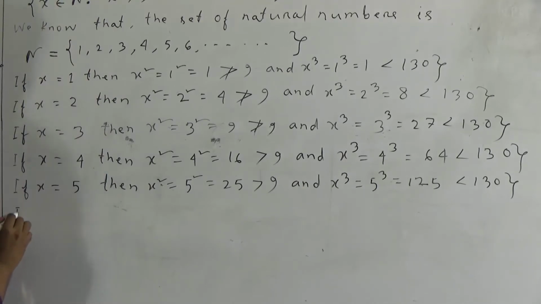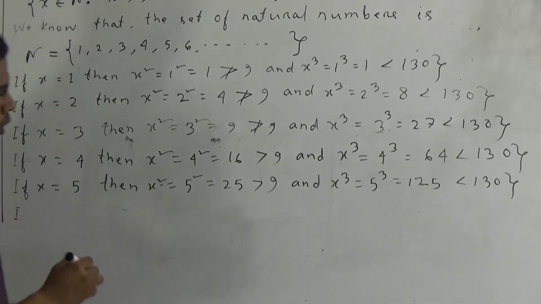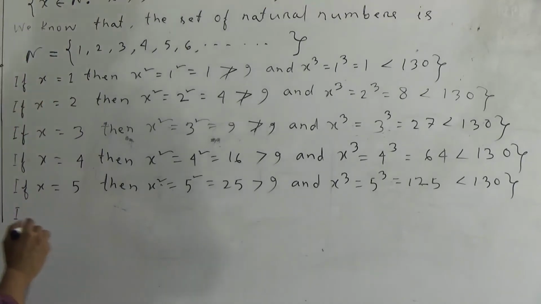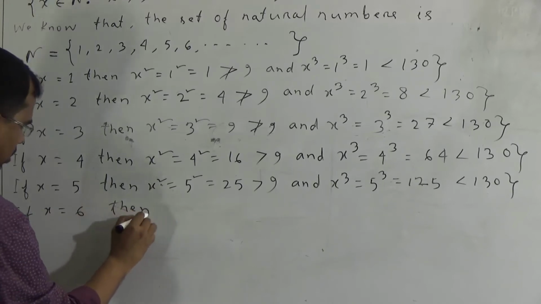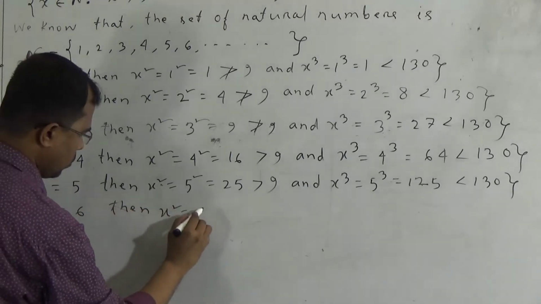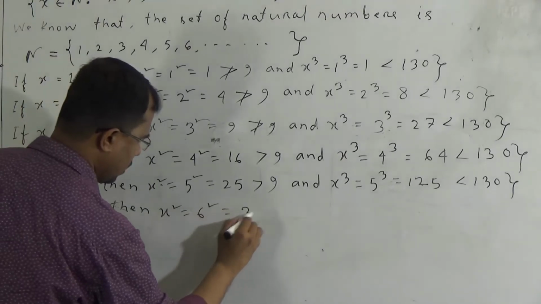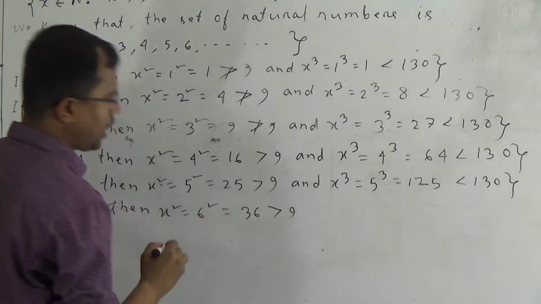Now if x equals 6, then x squared equals 6 squared, and 6 squared equals 36, which is greater than 9.